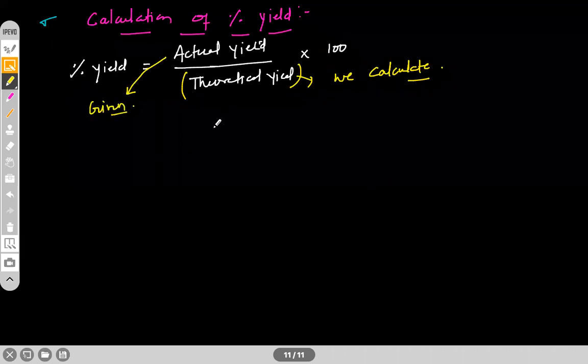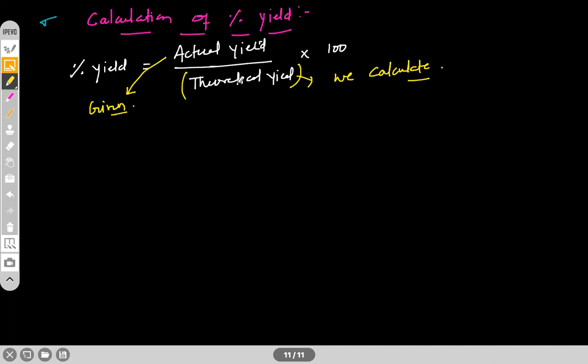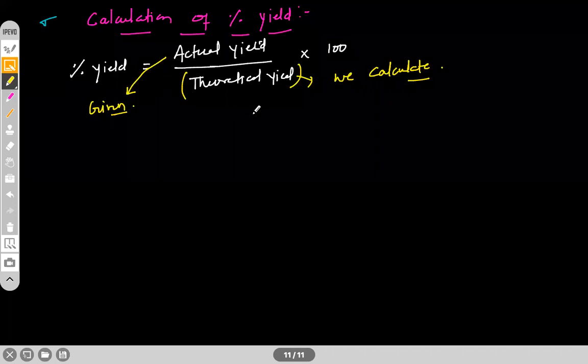So our expectation is this, that we'll get this, but actually the product we are getting is some different amount. So the percentage yield is actual amount divided by the theoretical amount, which we calculate with the help of the theory, the various concepts of limiting reagent and principle of atomic conservation, into 100.